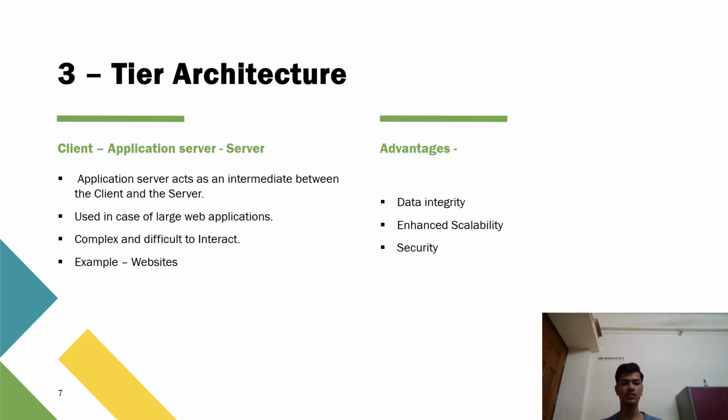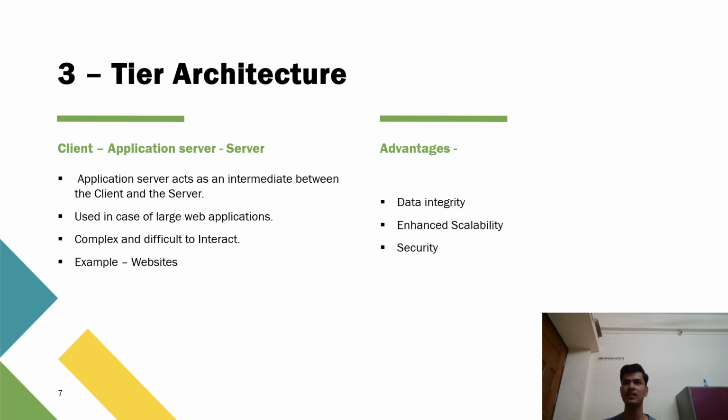Now talking about three tier architecture. In this architecture, there is a client and a server, and an application server acts as a middleman between both of them. The application server acts as an intermediate between the client and the server.